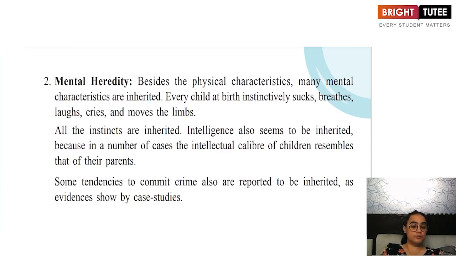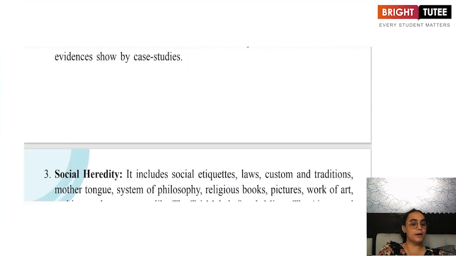There is some research which also shows that if a child has got some criminal tendencies, if a child, let's say, is a kleptomaniac. Kleptomaniac is somebody who has a habit of stealing small things for fun. So, if there is any such crime or any such problem that you inherit, then that also has been inherited by you from your parents.